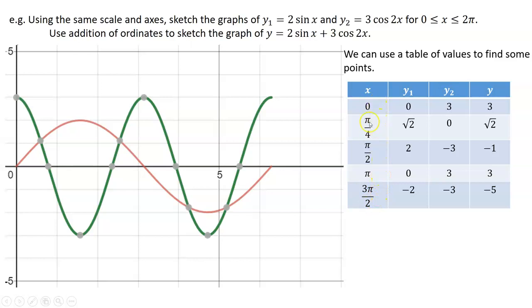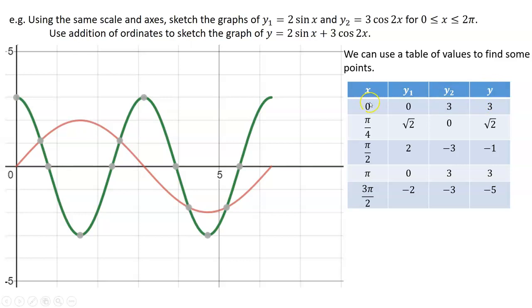Every pi on 2 plus the first pi on 4 to get me an idea of what the beginning of the graph looks like. So I just list the values for the y1 graph, the red one, list the values for the y2 graph, then add them going across to find the y coordinates for this graph that's going to be the sum of these.